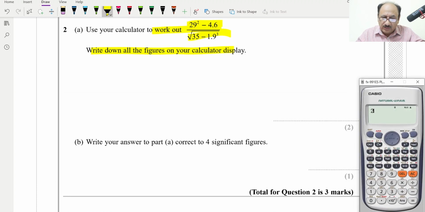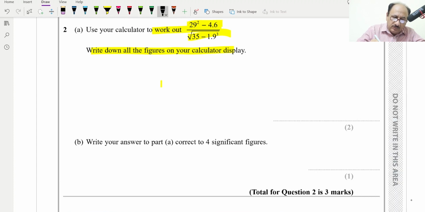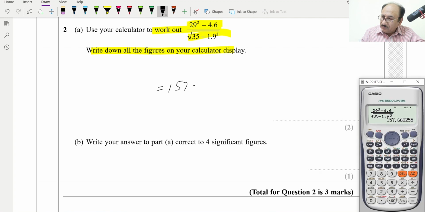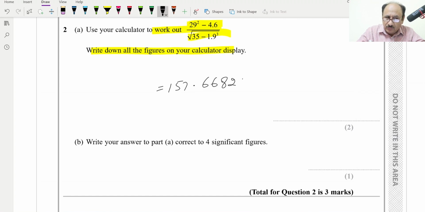We can take the fraction first, then 29 squared minus 4.6, and this will be divided by the square root of 35 minus 1.9 to the power 3, and this will be equal to 157.66825.